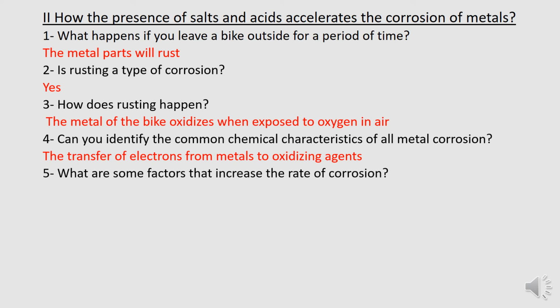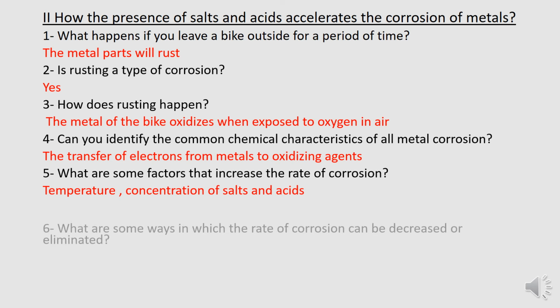What are some factors that increase the rate of corrosion? Do you remember these factors that we explained for many topics? These factors are temperature and concentration of salts and acids.